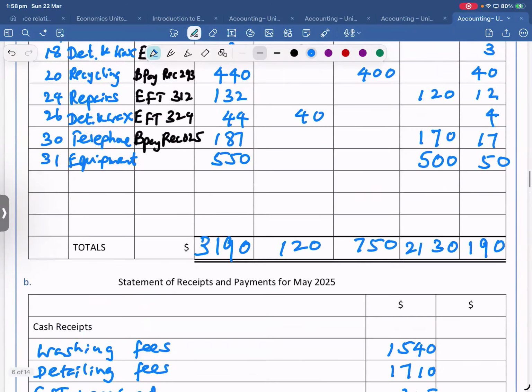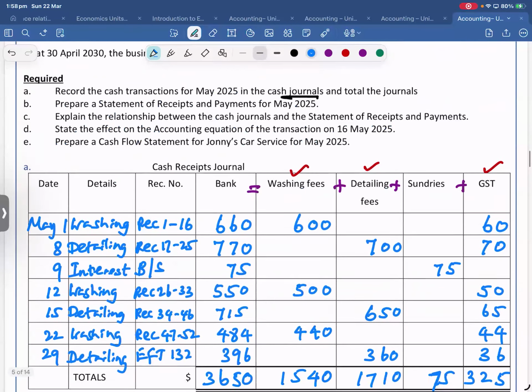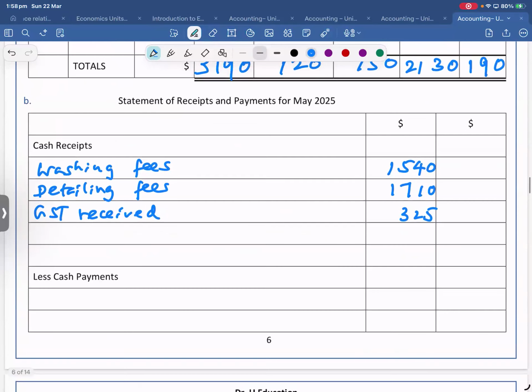And finally, sundries, we have interest. You are recording interest separately. We don't do sundries, just put interest. So we itemize the sundries column. Interest, yeah, 75. Right?